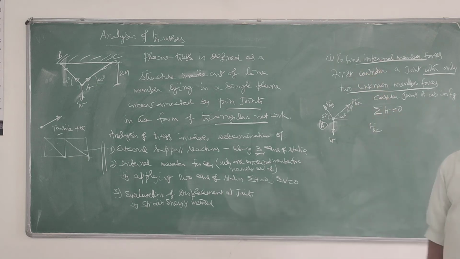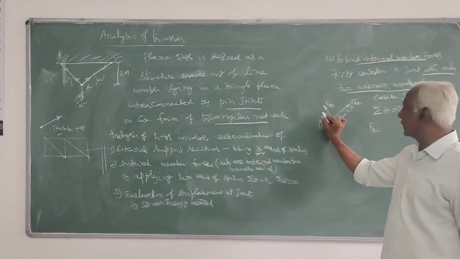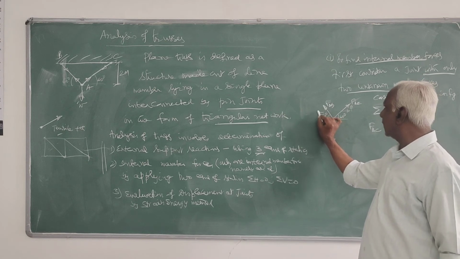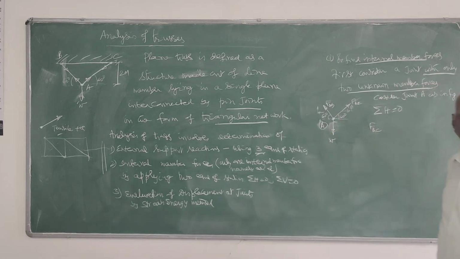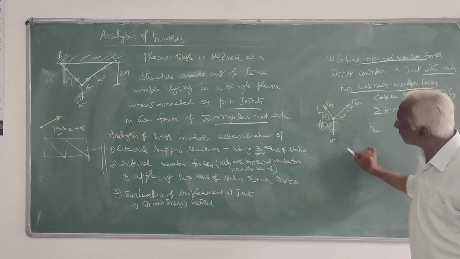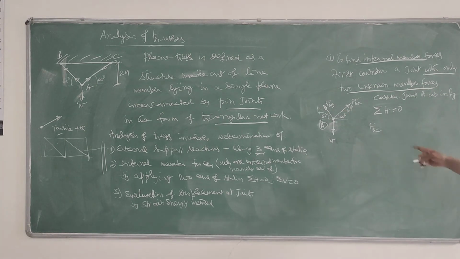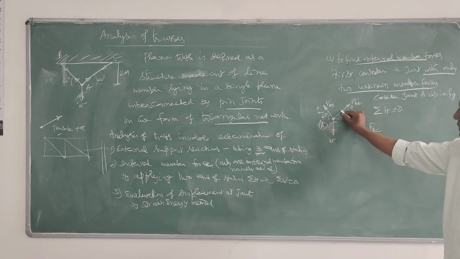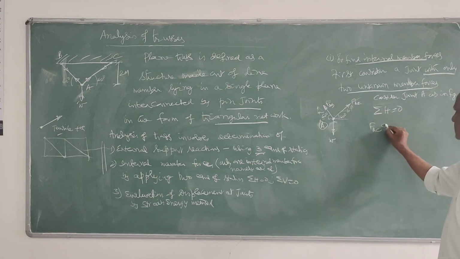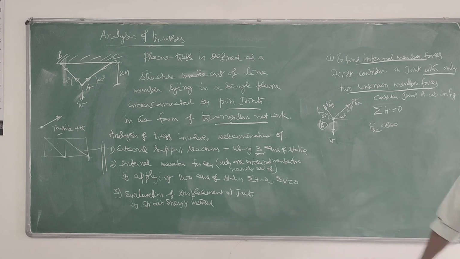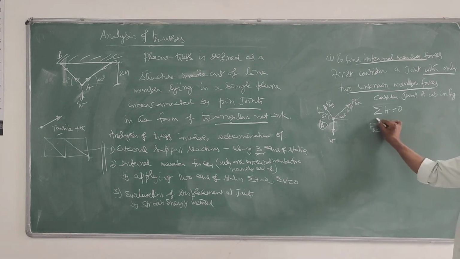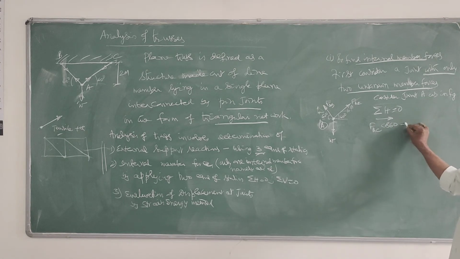Then only you will get this force. Here you get the horizontal component and the vertical component, and these two will give you that force. So this FAC horizontal component is FAC cos 60, then plus FAB cos 60, that is like this.